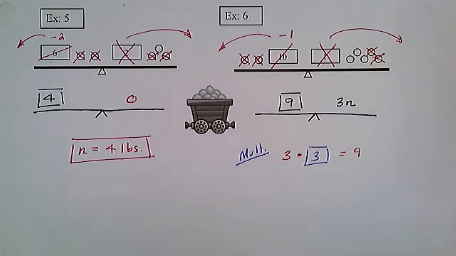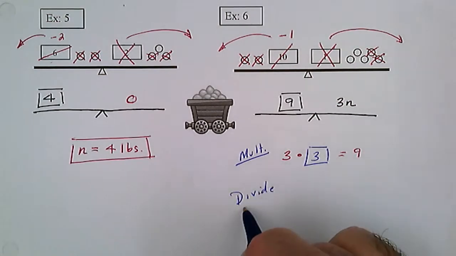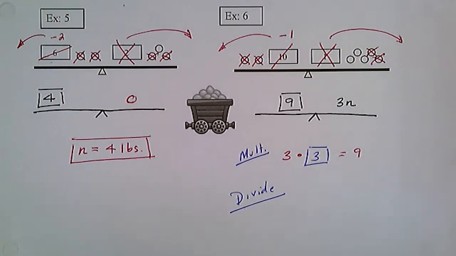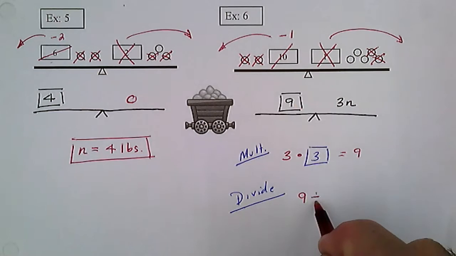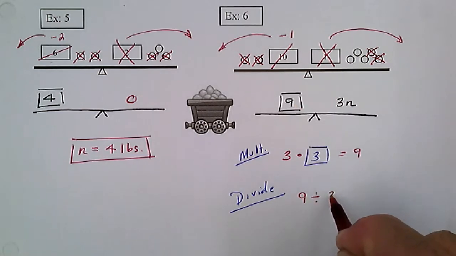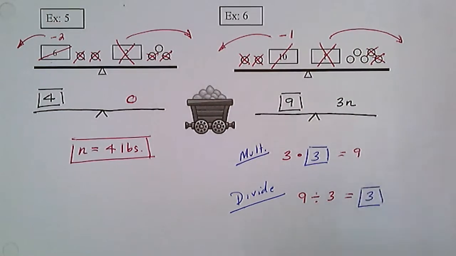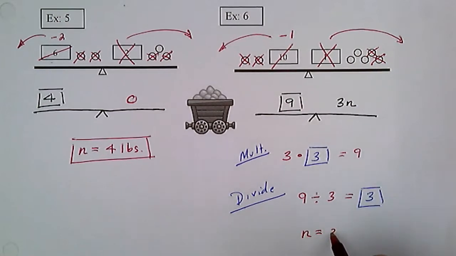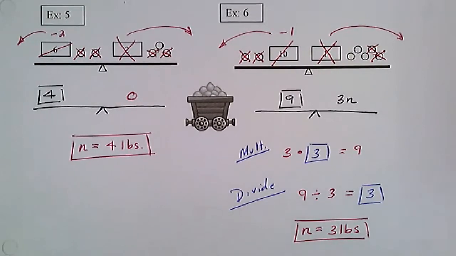Or if I was going to divide, I could think of it in terms of divide. I'm going to take my 9 pounds and I'm going to divide by 3, and that's going to give me the answer 3. So each nugget is equal to 3 pounds. Okay. All right, so those are 6 examples.